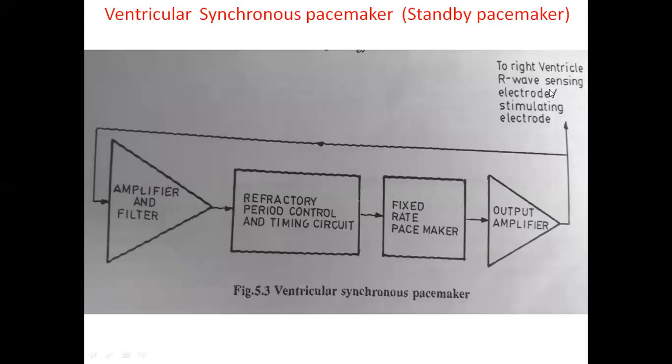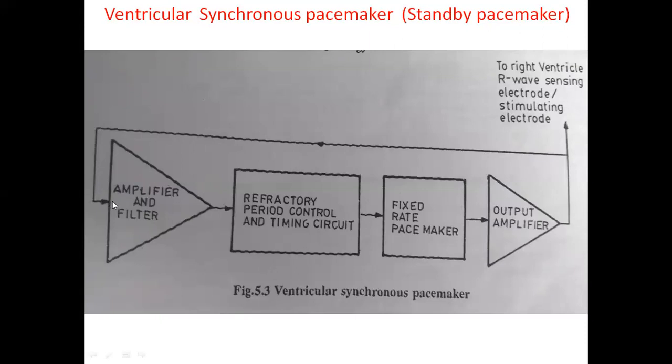That is why it is called the R wave sensing electrode as well as the stimulating electrode. Using this electrode, it senses the R wave. The R wave is nothing but the QRS complex waveform, which will be detected by this electrode.